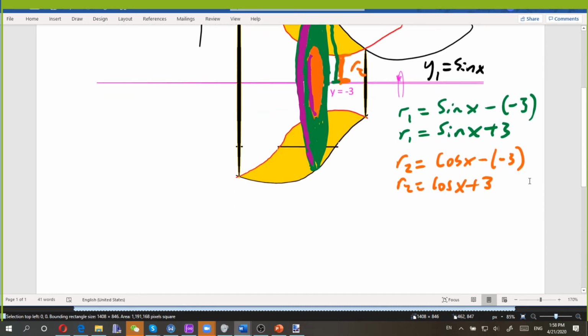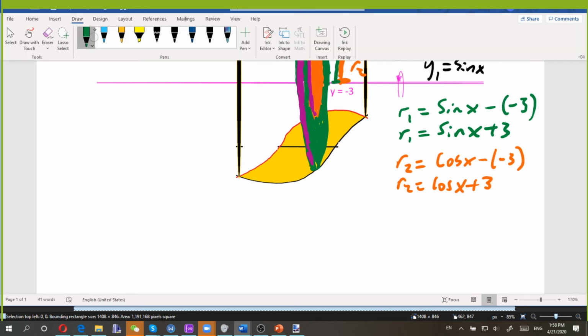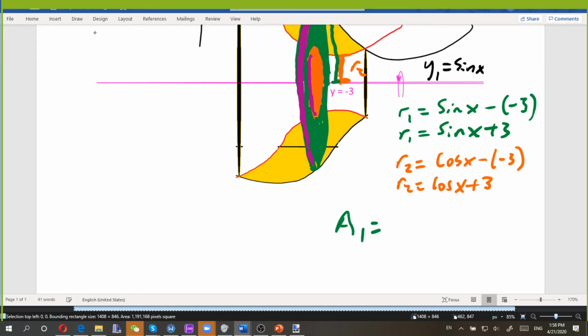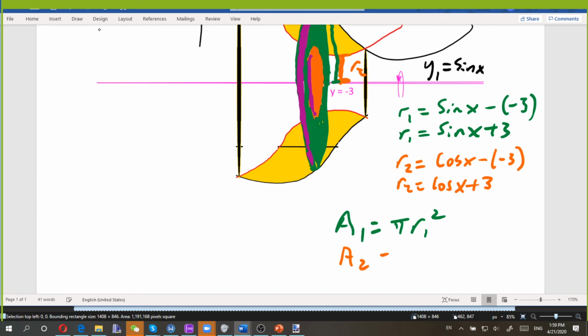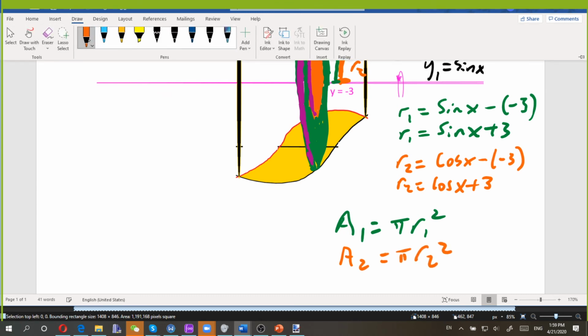Okay, then we can make them areas. So A1 would be pi r1 squared, and A2 would be pi r2 squared. Our volume would be A1 minus A2 times dx.